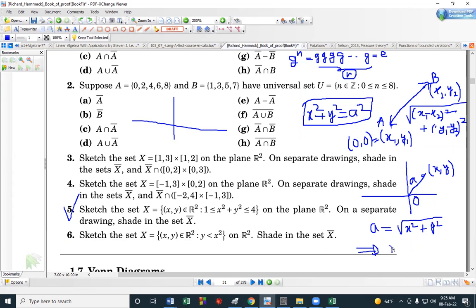If you square both sides, you get x squared plus y squared equals A squared.